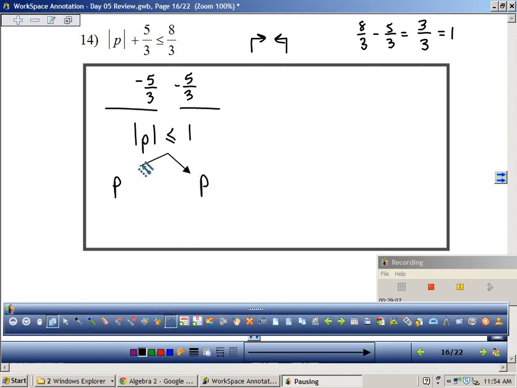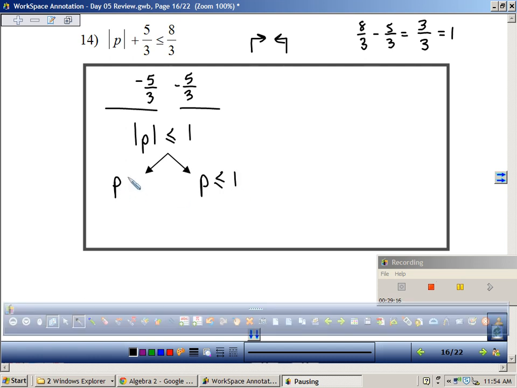What is p in the positive direction? Less than or equal to 1. What about the negative direction? Greater than or equal to -1. Then I draw myself a number line with -1 and +1. So p is greater than -1 means this way. Less than means this way.